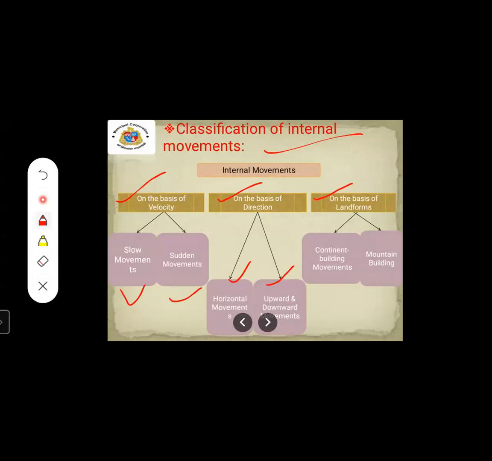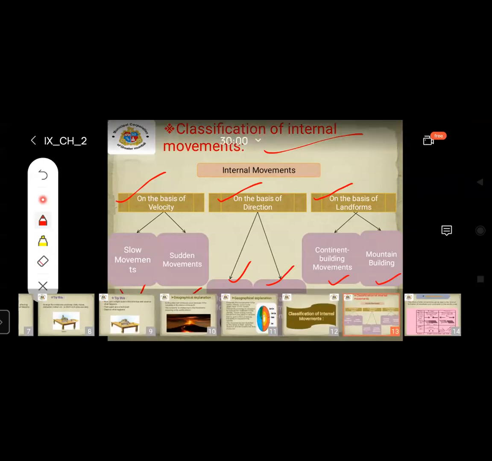And on the basis of landform, continent building movements and mountain building movements. Now, due to these topics which we have seen just now, we are going to revise all the points point-wise. Yes. Then next.